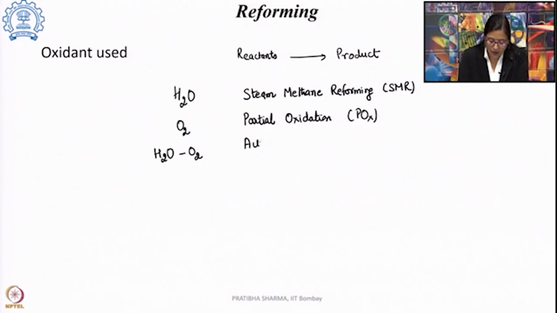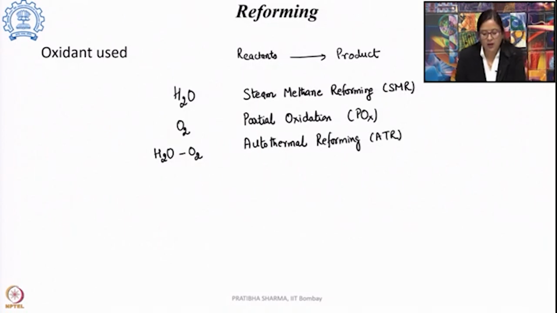Then the process is known as autothermal reforming. In short, it is represented as ATR process. Other than these, there are many other ways of combining. So, if the oxidant is carbon dioxide, the process is called dry reforming or stoichiometric reforming.